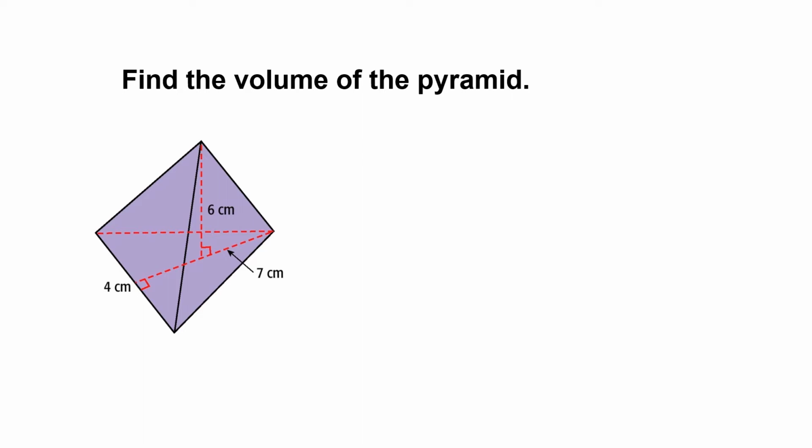Let's see if you are correct. We know that to find the volume of a pyramid, we use 1/3 multiplied by the area of the base multiplied by the perpendicular height. And when we calculate the base of our pyramid, we have half multiplied by 4 multiplied by 7, which simplified gives us 14 square centimeters.